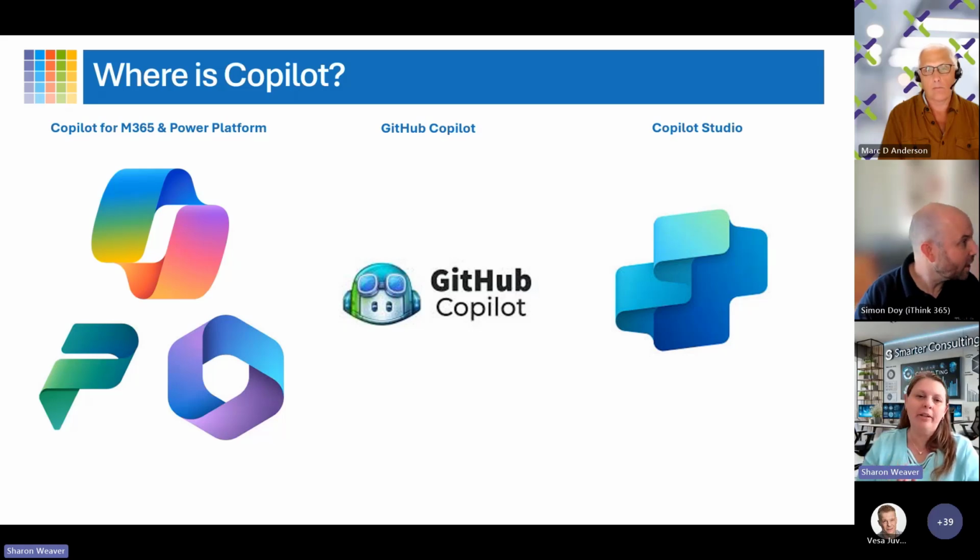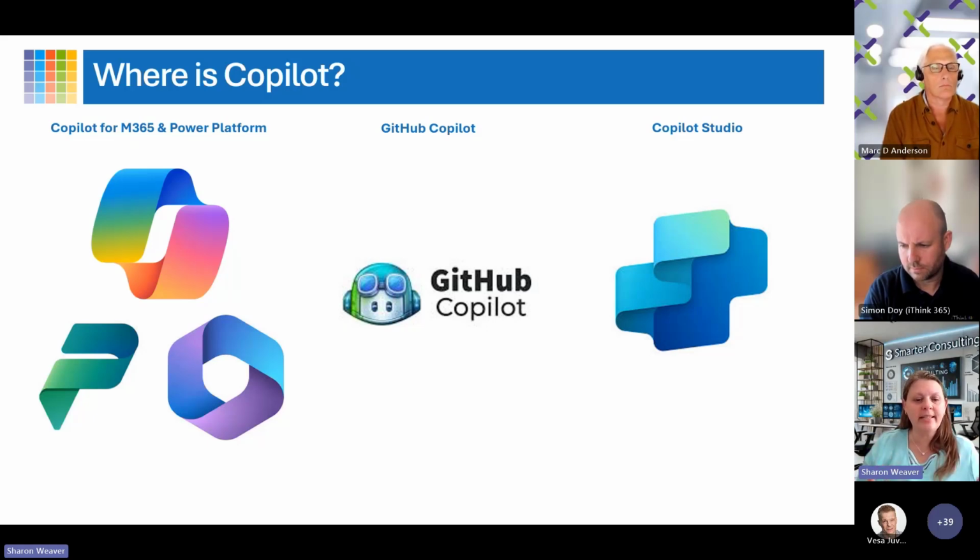And then we've got Copilot Studio, which is one of my top loves right now. Copilot Studio essentially allows you to create more Copilots. If we think of a Copilot kind of like a GPT, depending on what tool and brand you're using, it's a bot.